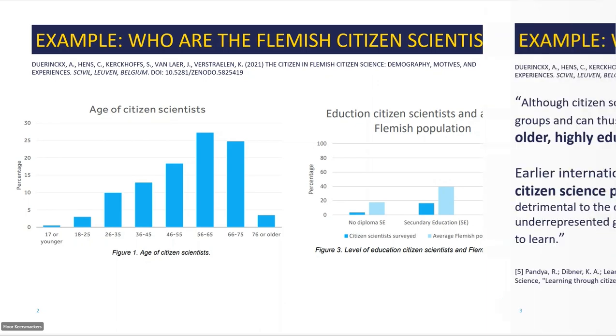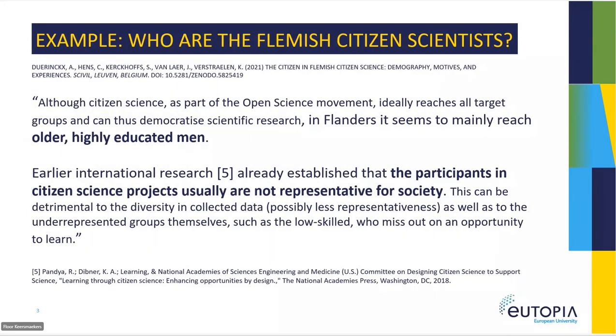But in the text section of the report, we can see that it's the older, highly educated men that are usually participating. And in general, participants in citizen science projects, of course, it always depends on the specific case, but in general, they're usually not representative for society.